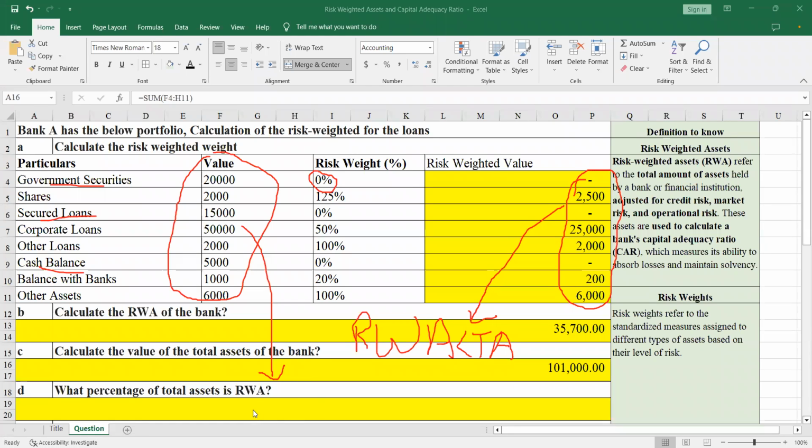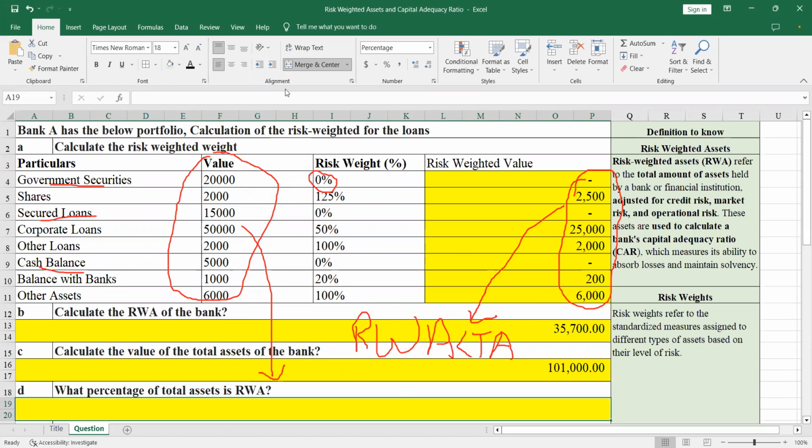So once you have the risk-weighted assets, the next question asks you for the percentage of total assets which is risk-weighted assets. So we have to find the percentage of total assets, which represents the risk weight.